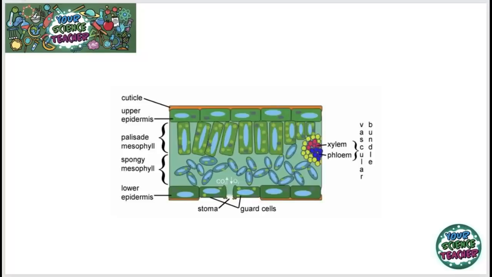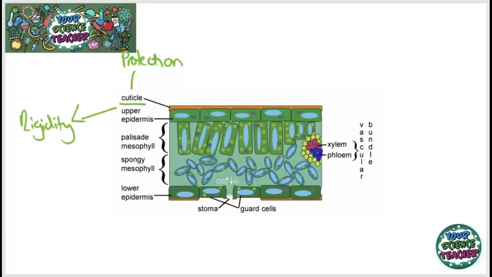Now, a leaf contains many different cell tissues working together, and we'll just have a look at some of them. On the outside, we have the waxy cuticle layer, and this is for protection. And underneath, we also have the upper epidermis, and the upper epidermis is also for rigidity of your leaf.